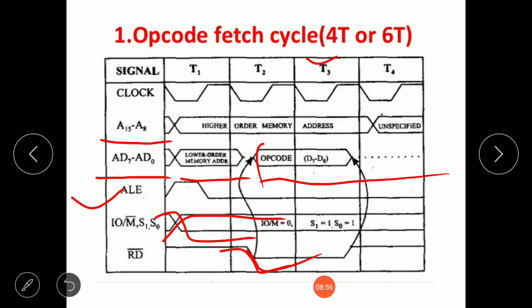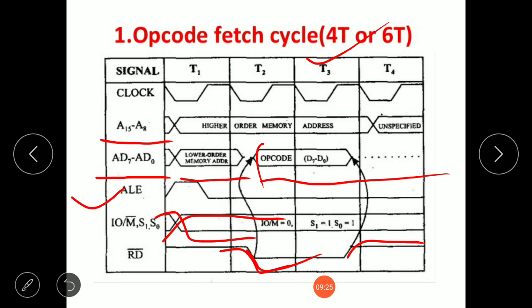In the T3 state, once the data reaches the microprocessor, it gets stored in the instruction register. Then the microprocessor makes the RD bar signal high, meaning it deactivates the RD bar signal, which disables the memory.